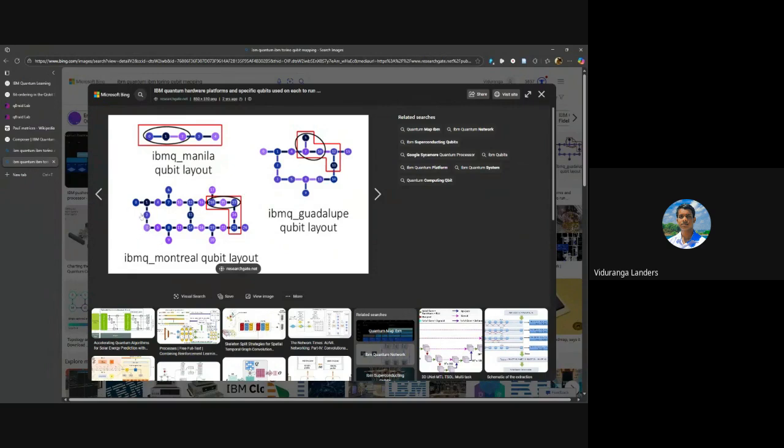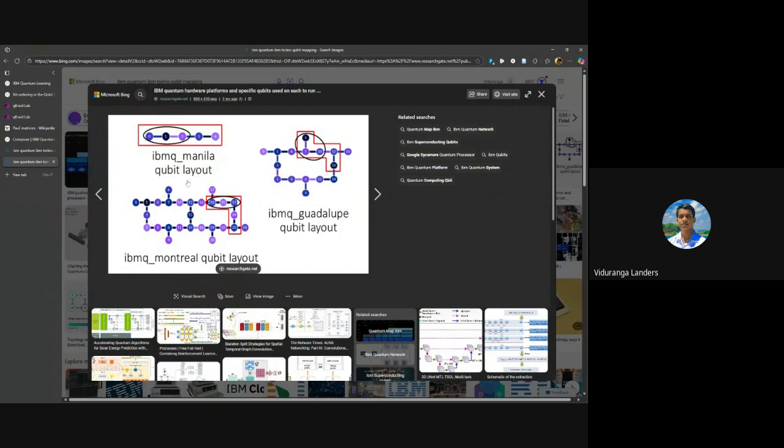So the idea here is you can't entangle whatever qubits you need, and also these colors signify some error rates and all that stuff. So some gates can be applied between these two or these two, but maybe it's better to apply the same gate between these two rather than these two.